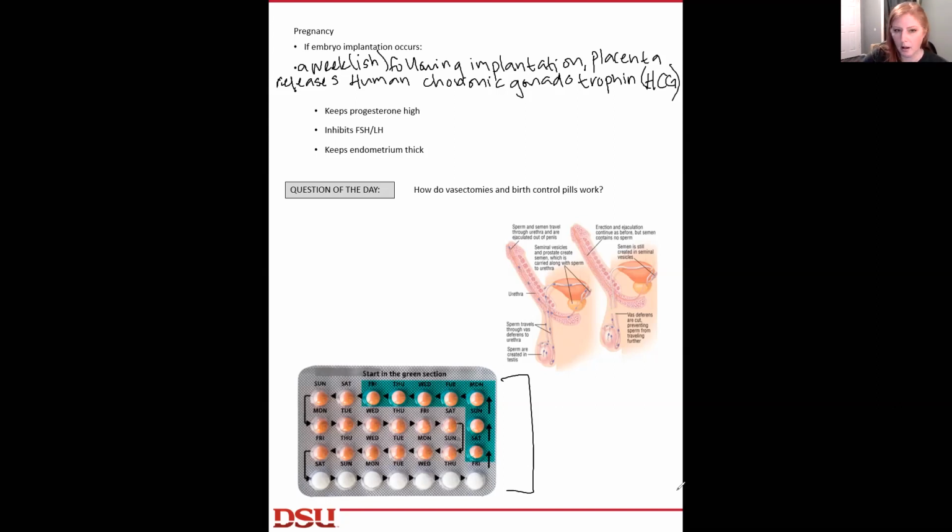For men, there is the option of having a vasectomy, which is generally a quick, often reversible process that's usually done in office. But basically what they do is they seal off the vas deferens.